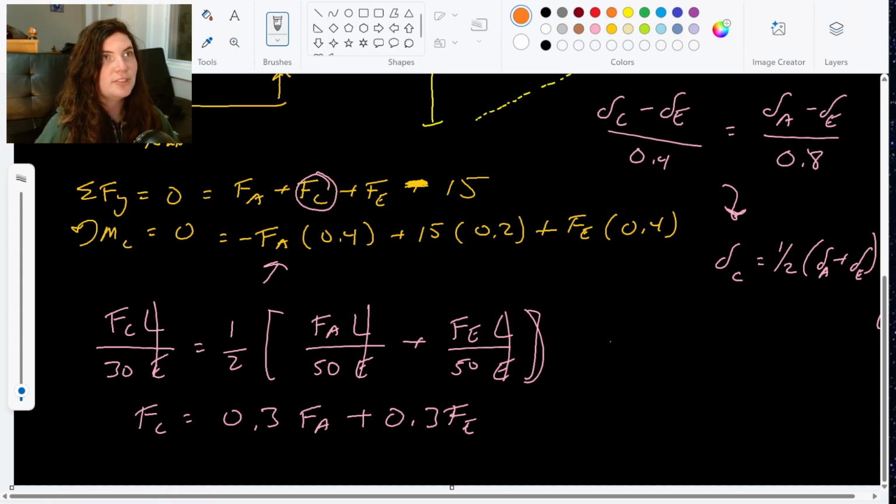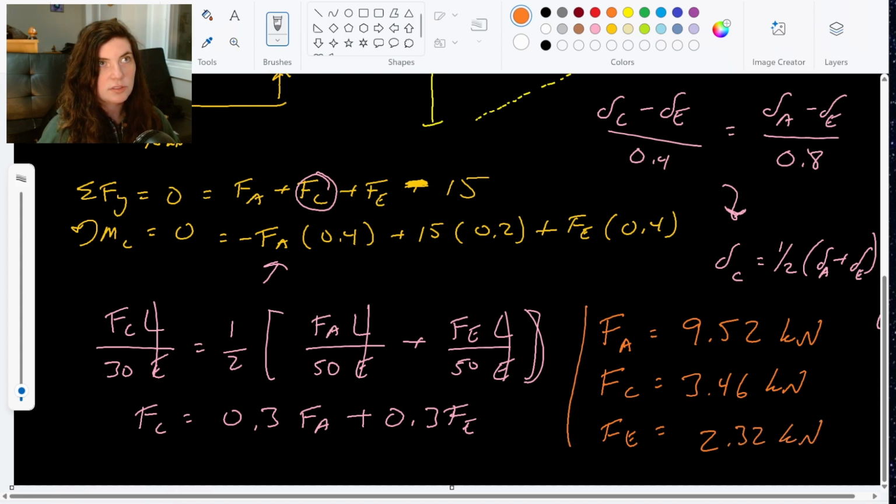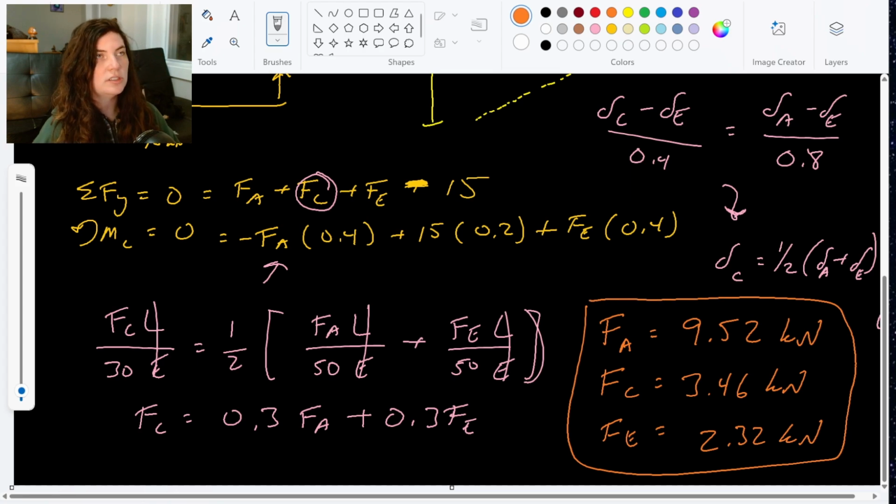So we will just check our final answers, which should be: FA is 9.52 kilonewtons, FC is 3.46 kilonewtons, and FE is 2.32 kilonewtons. That's just after solving those equations in our calculator. And that's it.